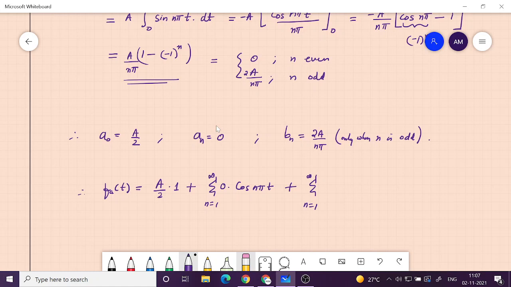Okay, so there is a catch here. This is only applicable for n equal to 1, 3, 5 etc. In other cases it is 0, into sin n pi t.